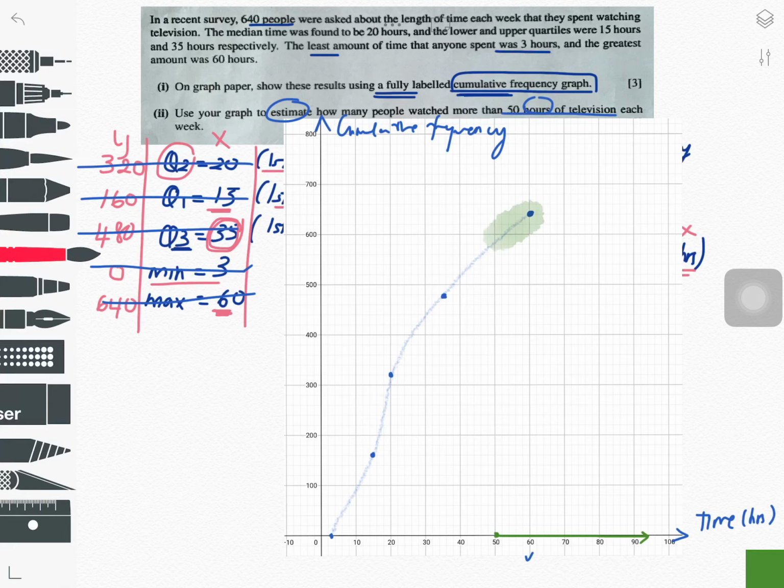So they're asking this part. Find this gap here. How much is this gap? If you want to find this gap, then what will you do? You want the number of people, right? It's from here to here, wherever you are sketching. So the 50 exactly gives me what value? I am getting 580.